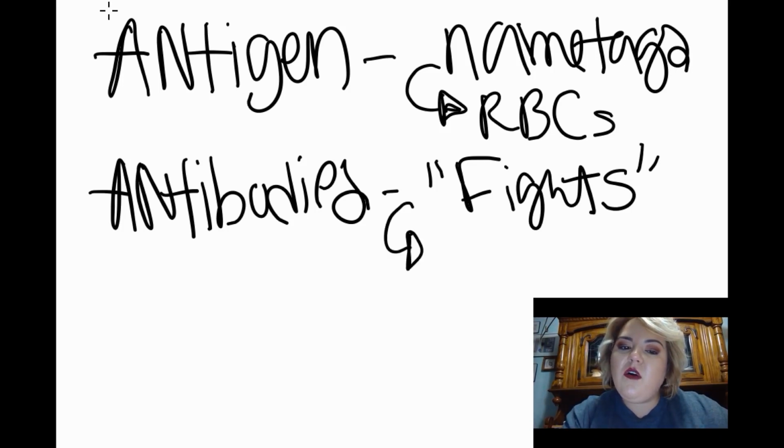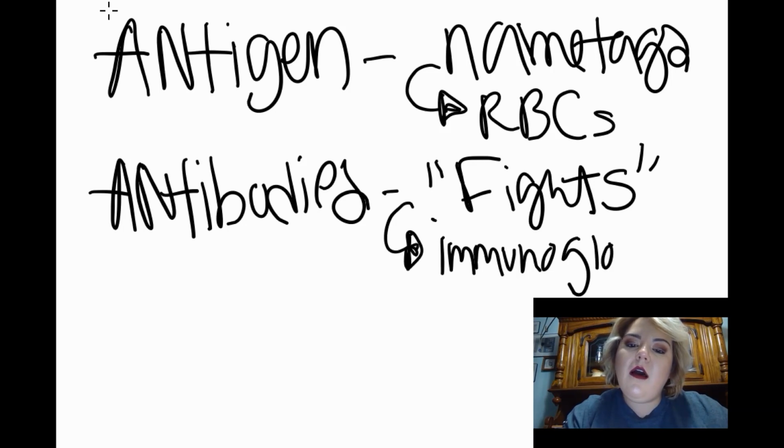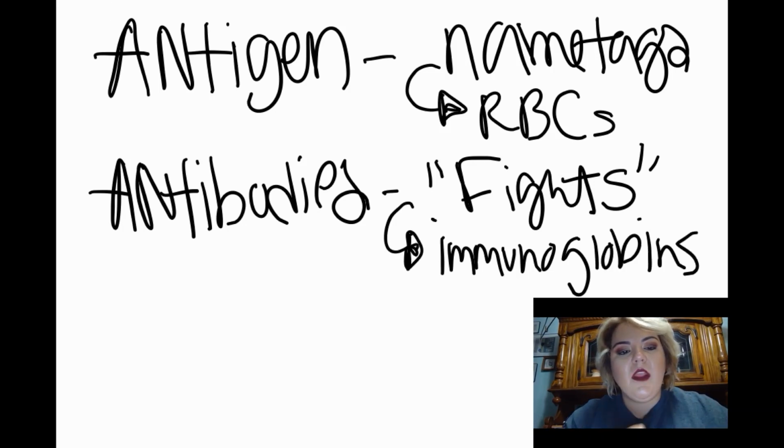These are called immunoglobulins. So we have our antigens and our antibodies that tell us our blood type. And now we know how to do the agglutination test.